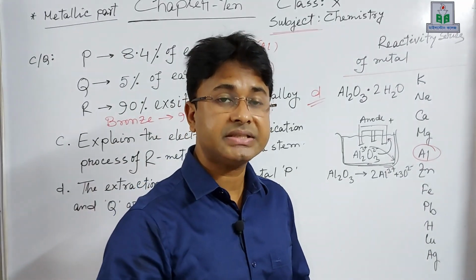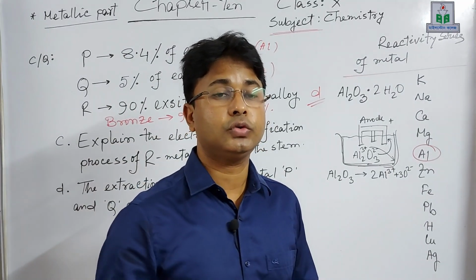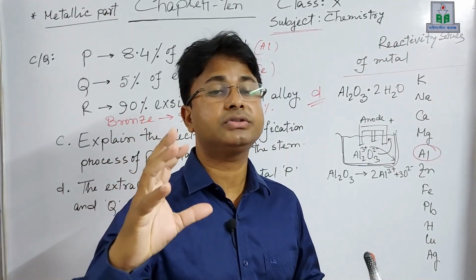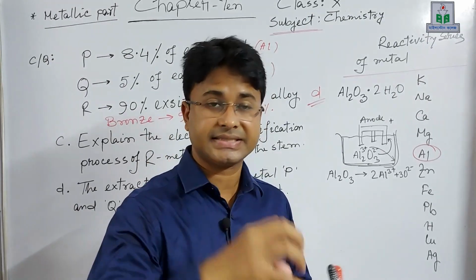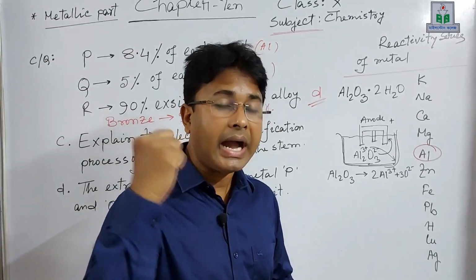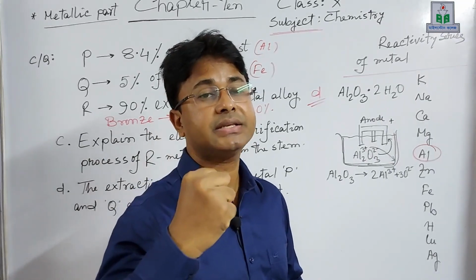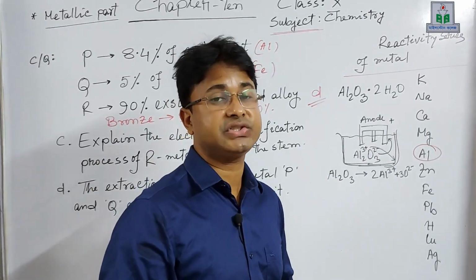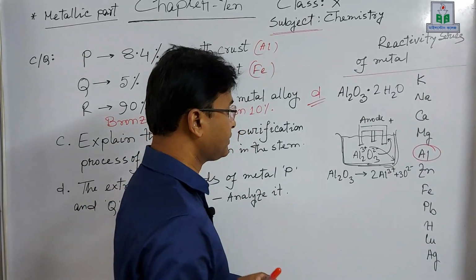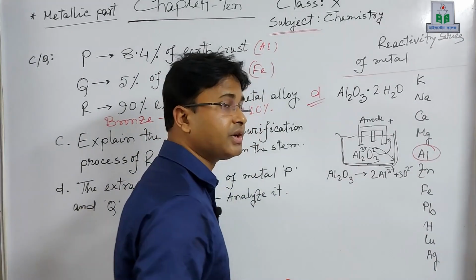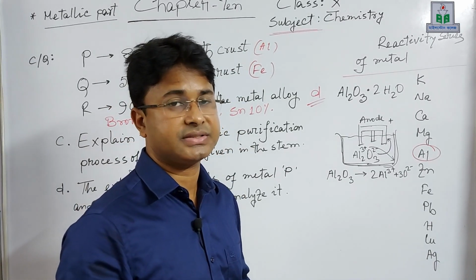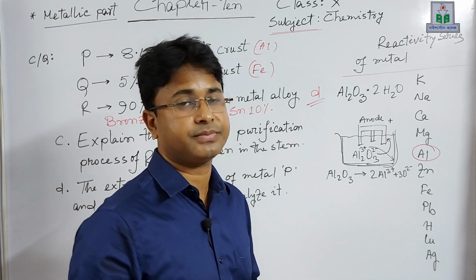That's why it is very tough to bind aluminum 3 plus ion to accept 3 electrons to form aluminum metal. That's why a highly reactive reducing agent is used here to reduce the aluminum 3 plus ion. And electrolysis is a very powerful reduction process.